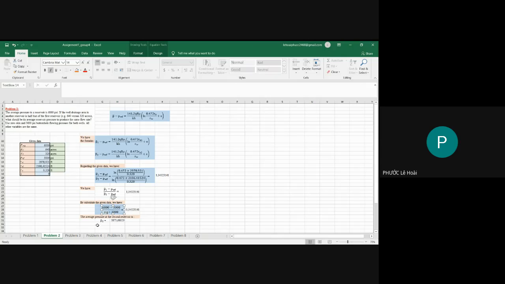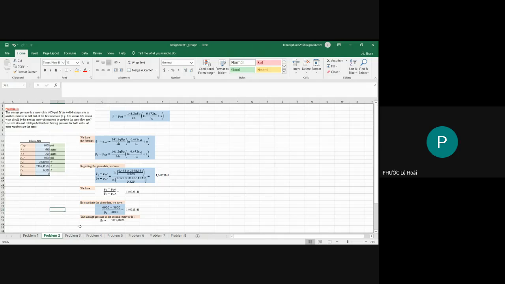So we will replace this into the equation, and we will have the average pressure at the second reservoir of about 5,875.68 psi.